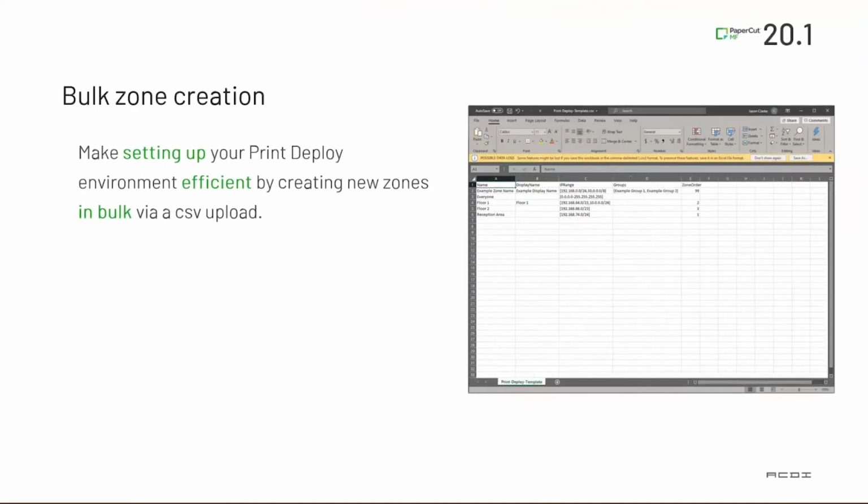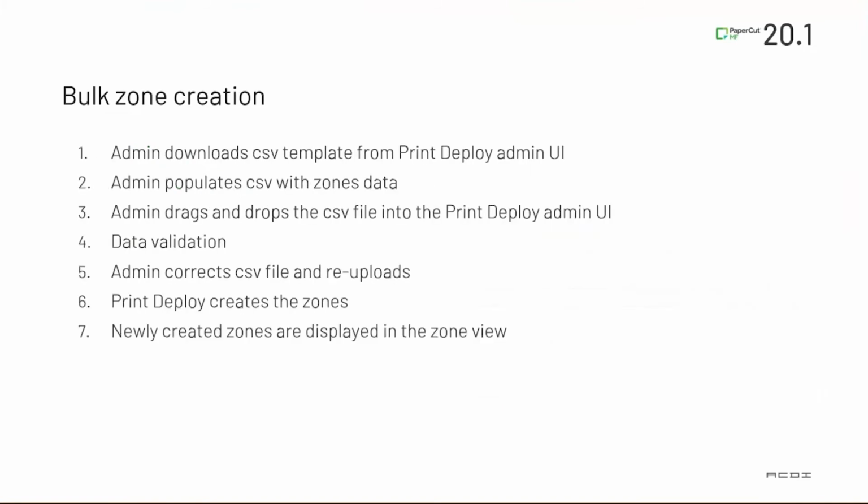As you can see by the animation, it's just a few clicks to browse to where your spreadsheet is, and you're off and running. Here are the steps to this process. The admin will simply download the template from the Print Deploy admin UI, populate the data needed for the zones, and then drag and drop the file into the UI.